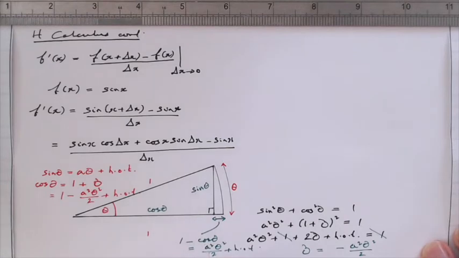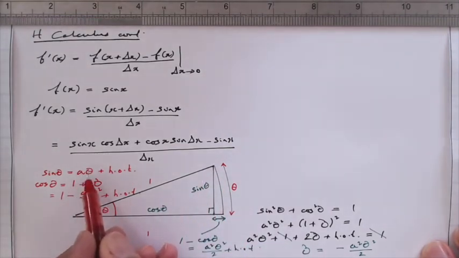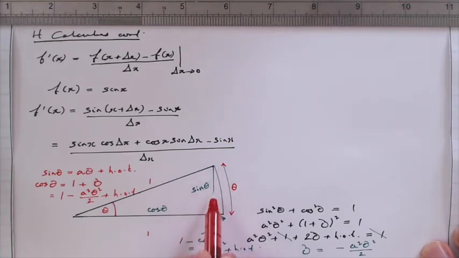To give you an idea of this, imagine if the angle was 1,000th of a radian. Then this length would be 1,000th. This sine theta, we're saying, is some number that we haven't determined yet, a times theta. This is of order 1,000th. But do you see how this little horizontal line here, because it's theta squared, would be 1 over 1,000th squared, a millionth?